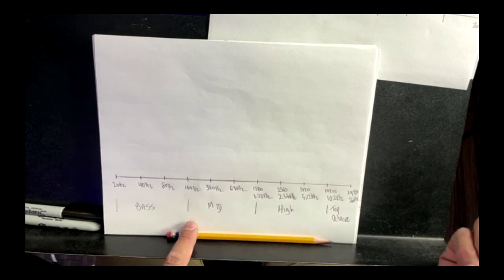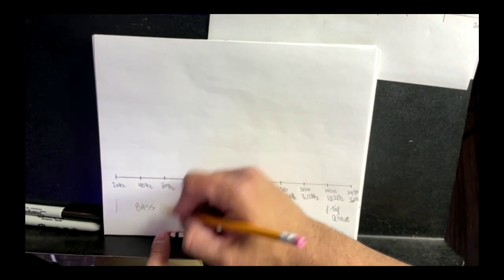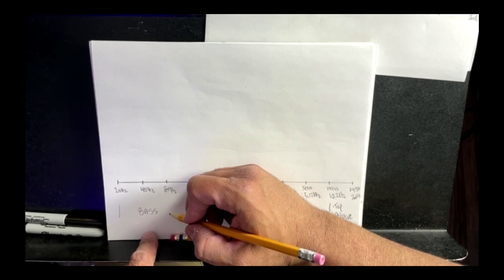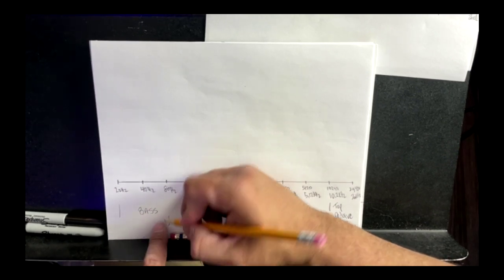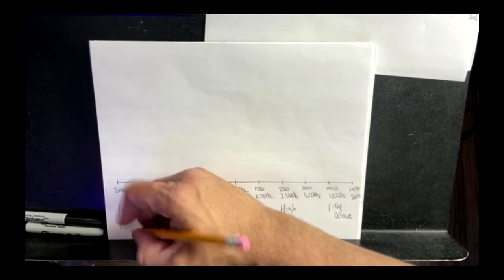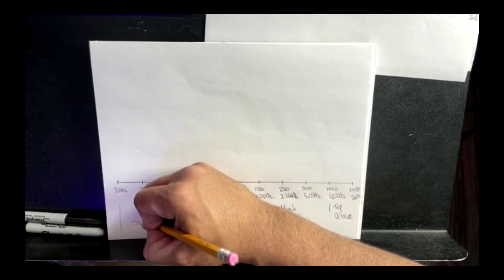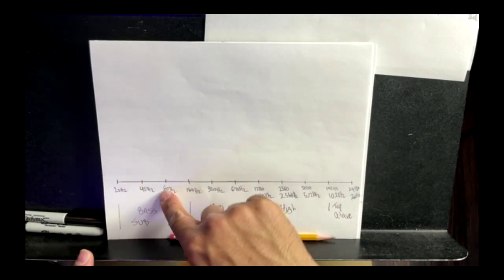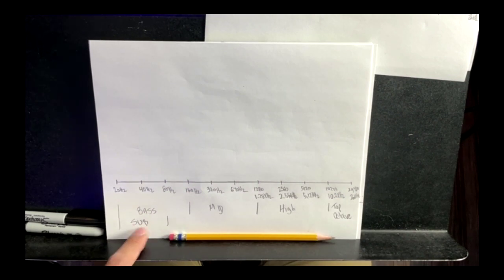Now in this range of bass, mid, and high, we have additional features. Pretty much anything under 80 hertz is going to be known as sub. So we could also box off of the bass these two lanes between 20 and 80 are all sub.